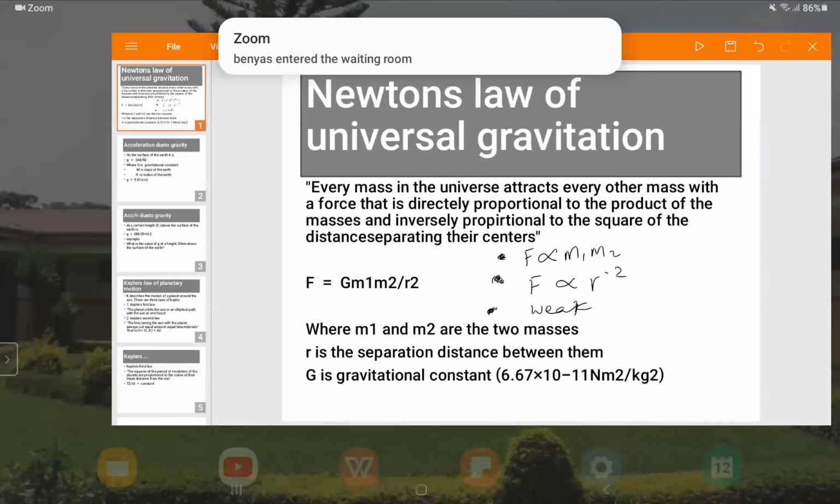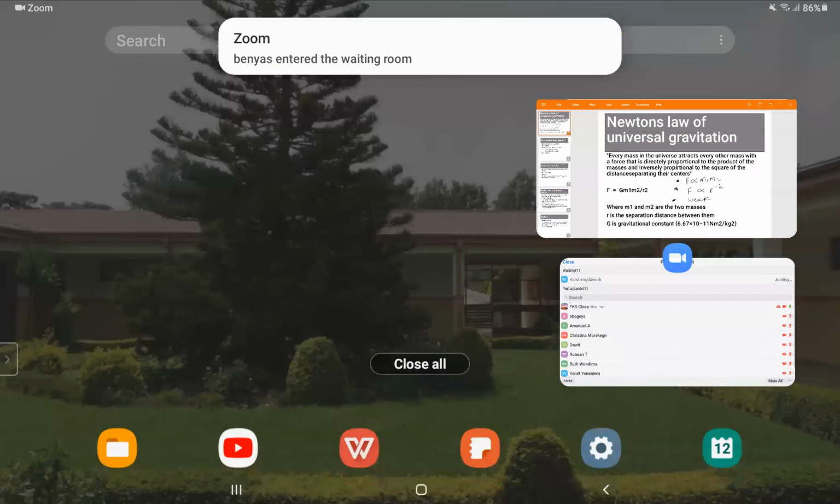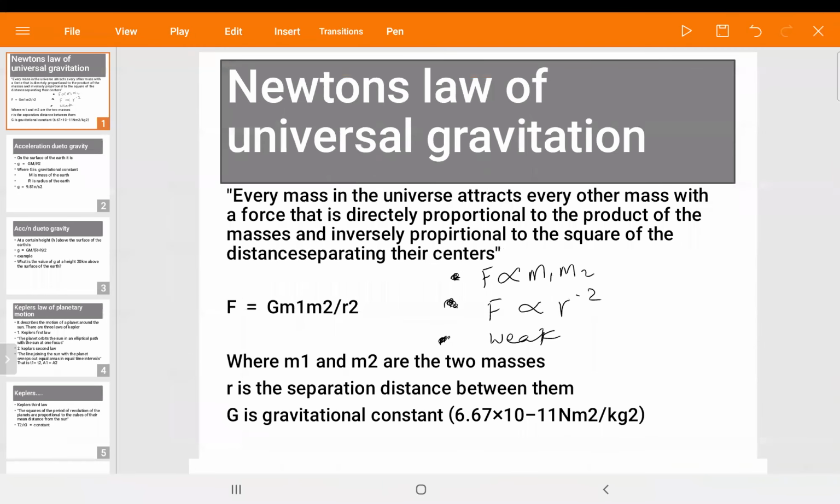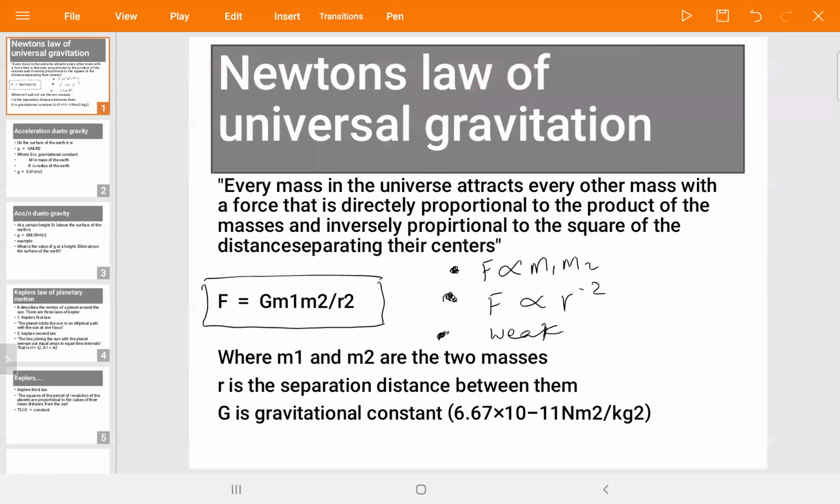Force equals G times m1 times m2 over r squared. This constant is the gravitational constant, simply the universal gravitational constant. M1 and M2 are the masses of the bodies, and R is the separation distance between the two bodies.